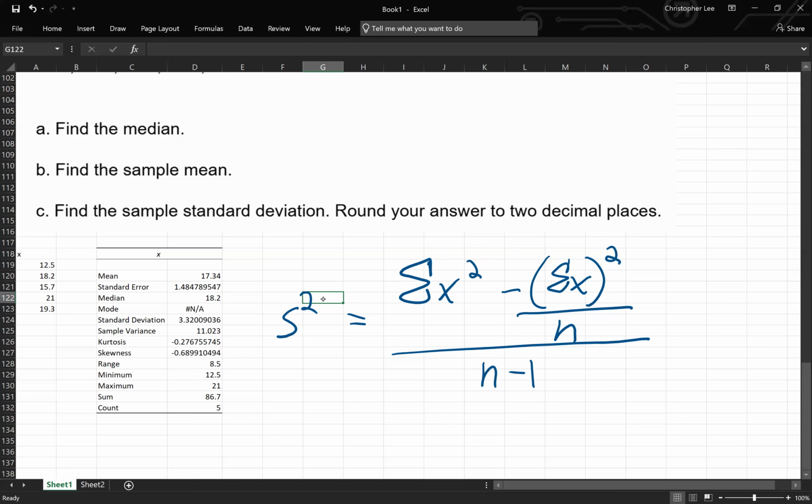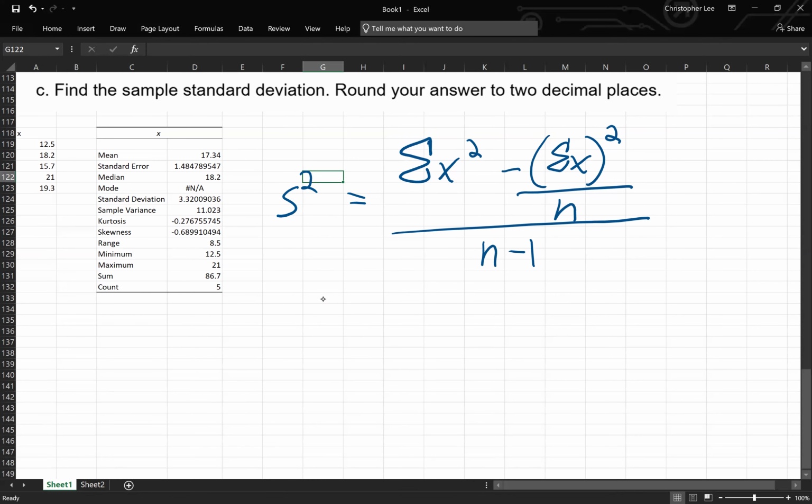After you make your chart, what's the sum of x squared? My answer was 1.286377023. That should have been 11.023.